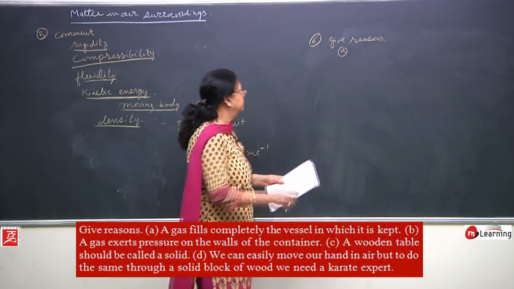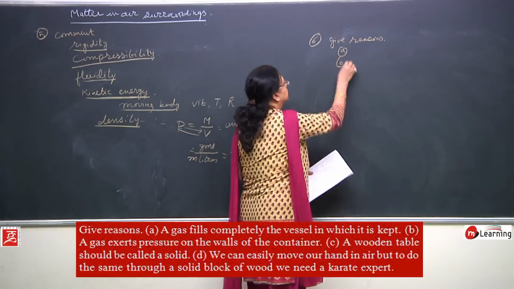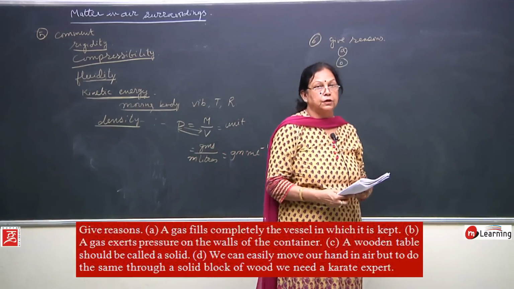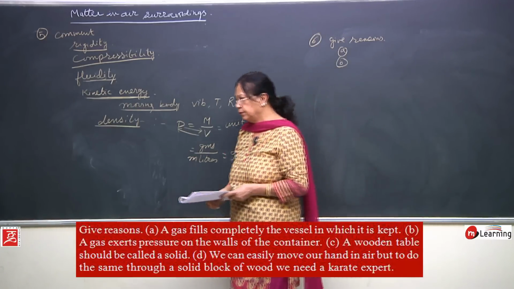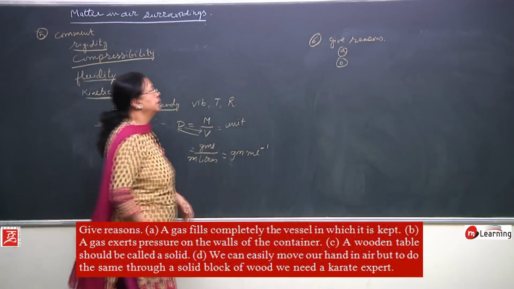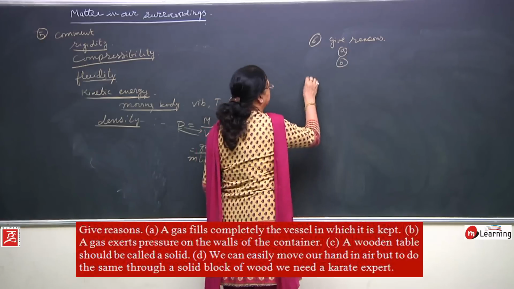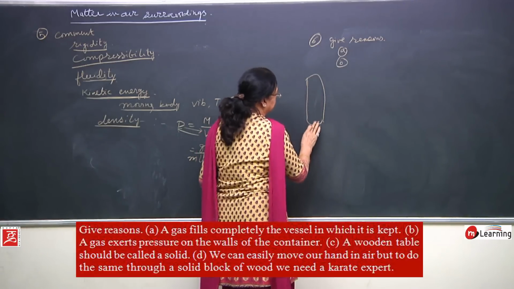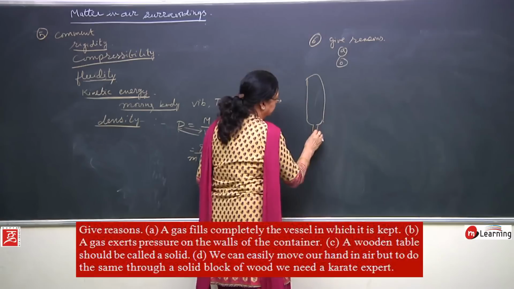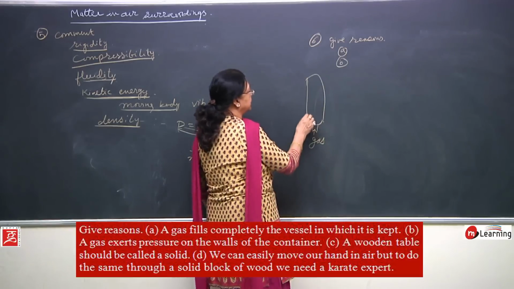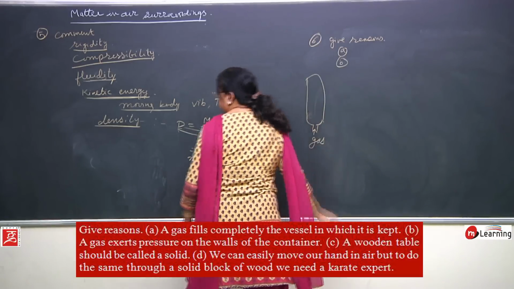Then B, a gas exerts pressure on the walls of the container. Just now I told you that if you have a container, this is the container, and in this container I am filling the gas. What is gas? It is made up of particles.